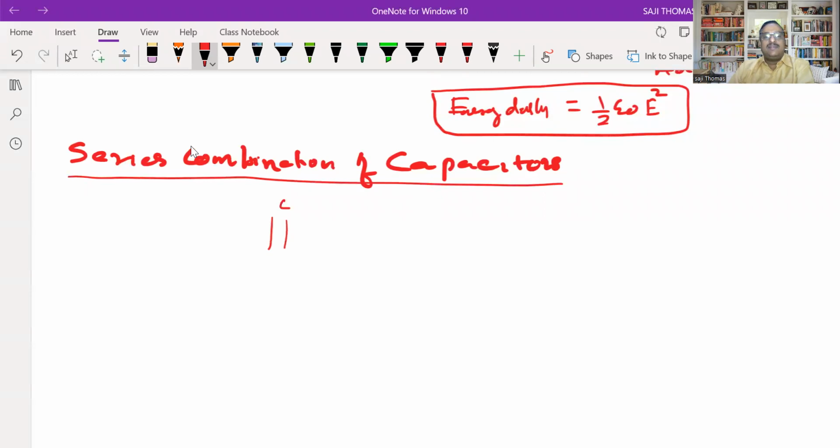This is C1, C2, C3. These are connected in series. See, there is only one path.